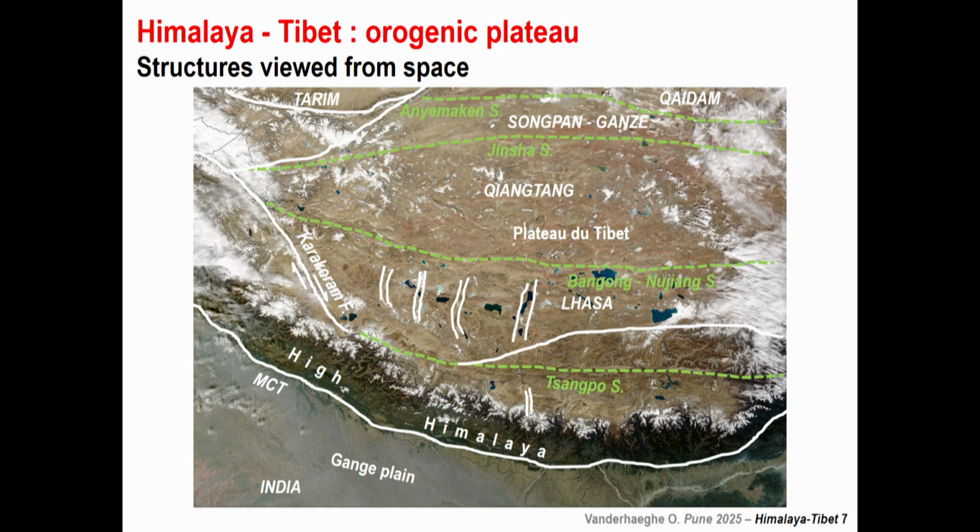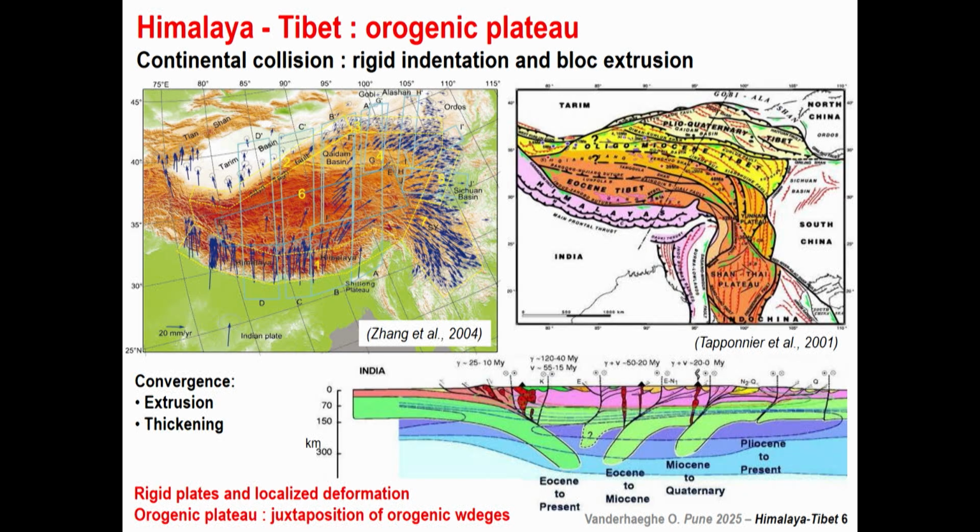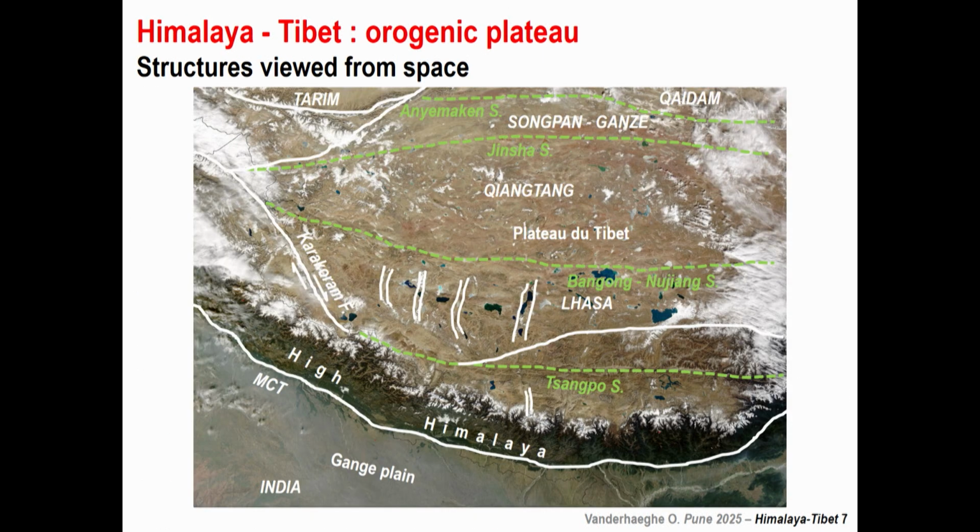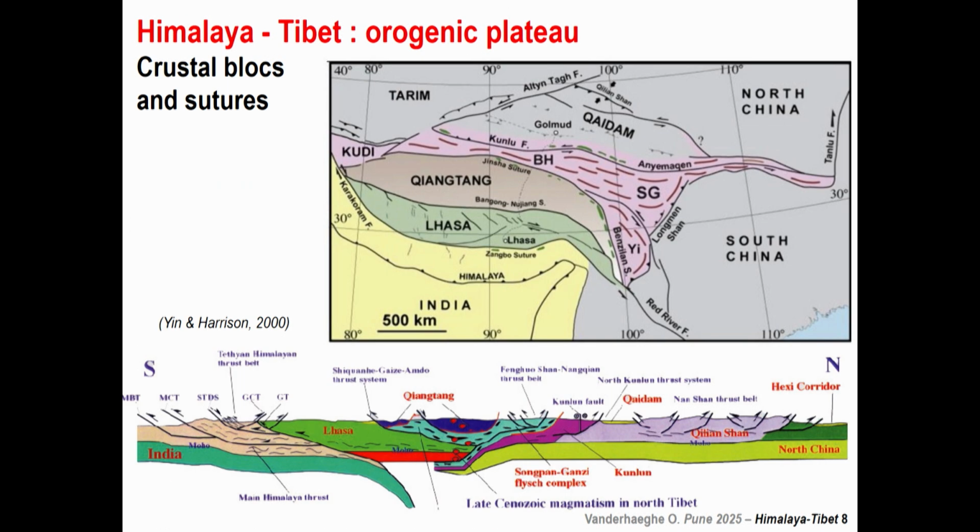You also notice here an alignment of lakes that corresponds to rifts, zones of horizontal stretching, but east-west. And that's somehow consistent with that, right? Okay, so that's the view with the blocks: Lhasa, Qiangtang, Songpan-Ganze, and Qaidam.